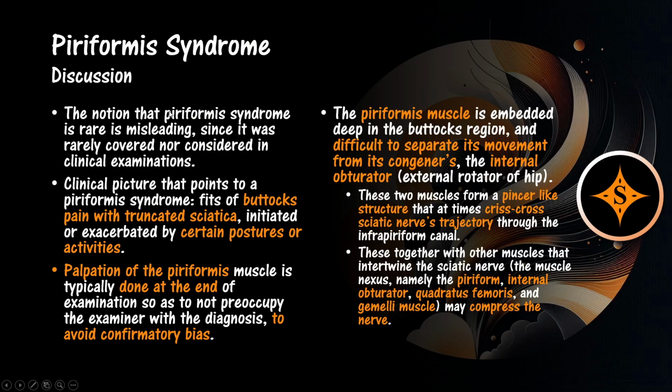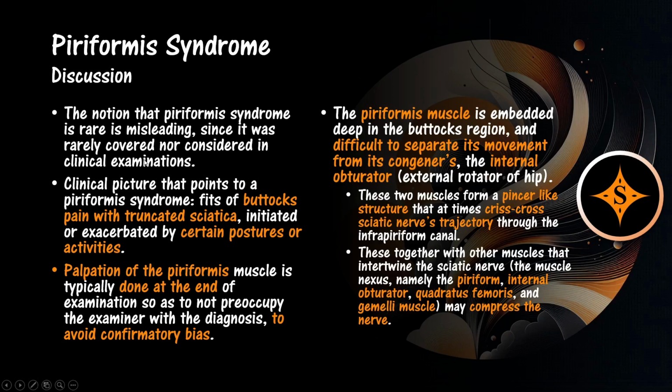So there has been a notion where the Piriformis syndrome is actually a rare condition. It is a rare condition because it is rarely considered by the examiner. So how are you supposed to identify a disease if you don't even know that it exists, or it's not even part of your suspicion? How are you supposed to know that if you're not even thinking of it?